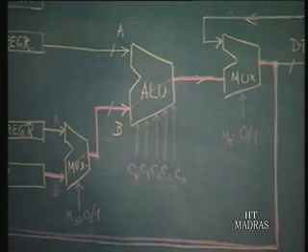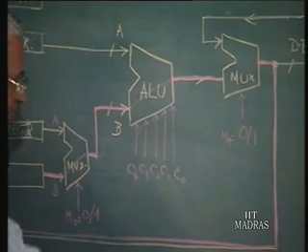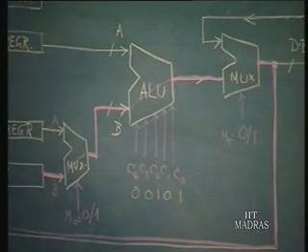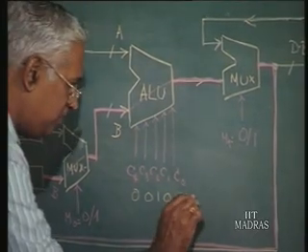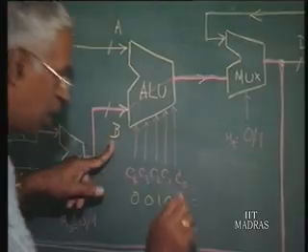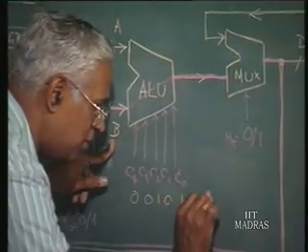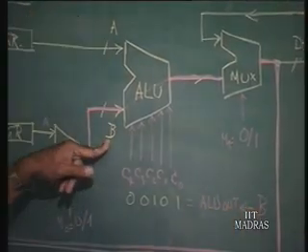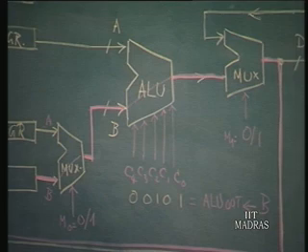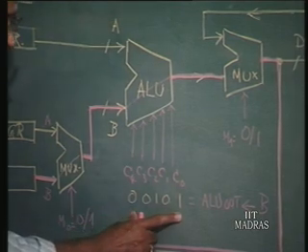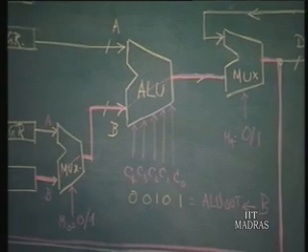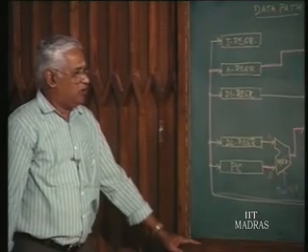So some code you just assume, let's say 0 0 1 0 1, that particular code implies that onto the output of the ALU the B contents will be placed. So this particular code must be there. Good. And what else? Yes, what about the registers? What about the registers now?